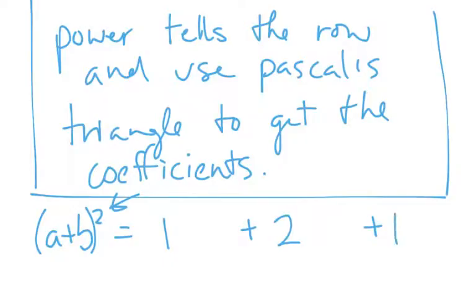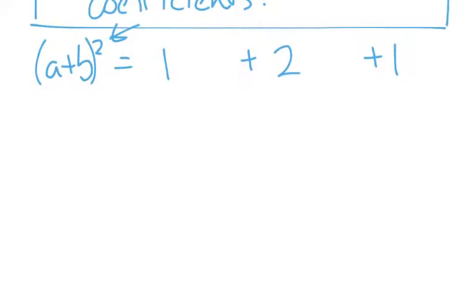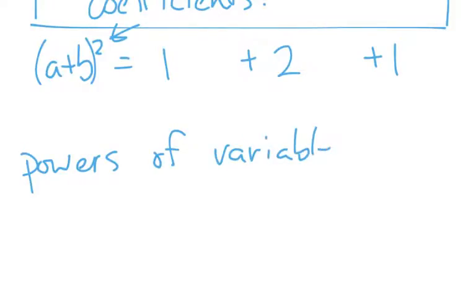The second part is the powers of the variables. The way that works is the power of the binomial goes to the first term, the a term, and then it works its way down.